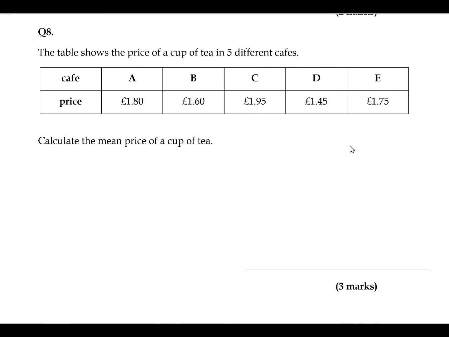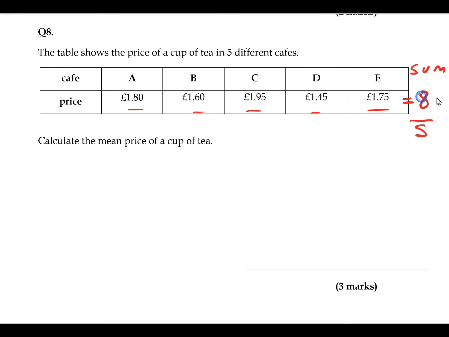Question 8. The table shows the price of a cup of tea in 5 different cafes. Calculate the mean price of a cup of tea. So you've got 1, 2, 3, 4, 5 cafes, and what you need to do is work out the sum of the prices. So rather than rewriting them all out, just write the word sum and add these numbers together.